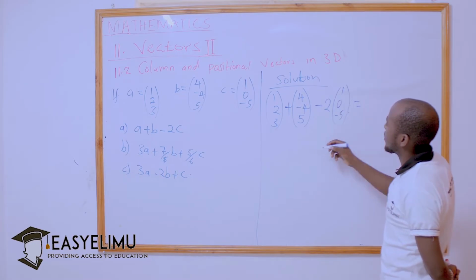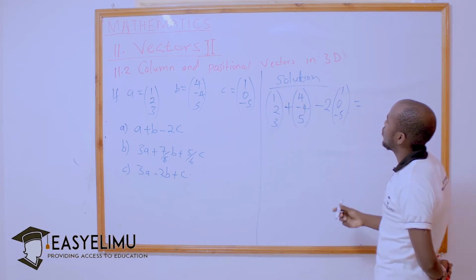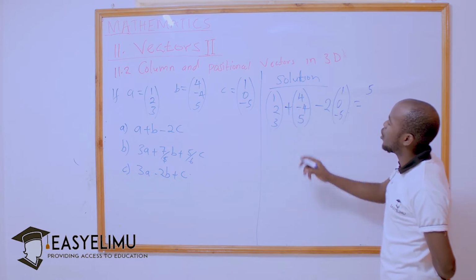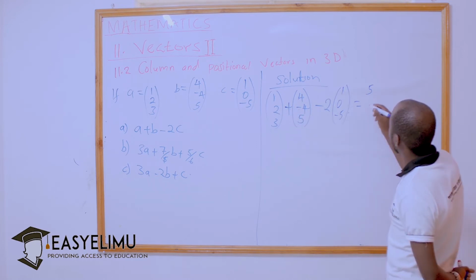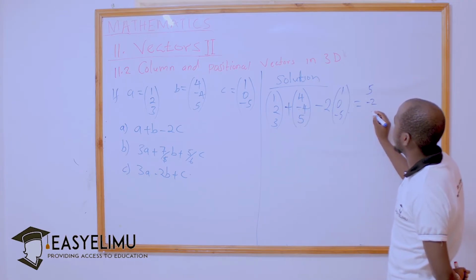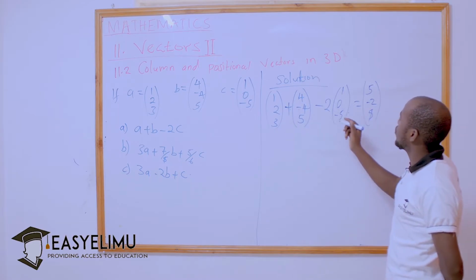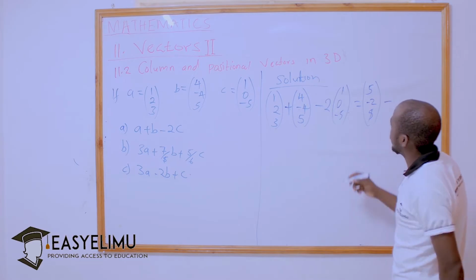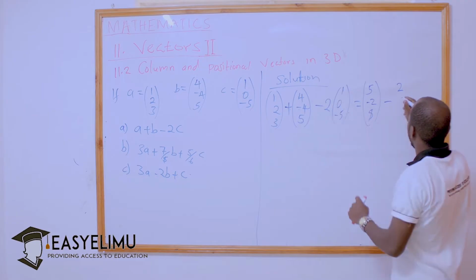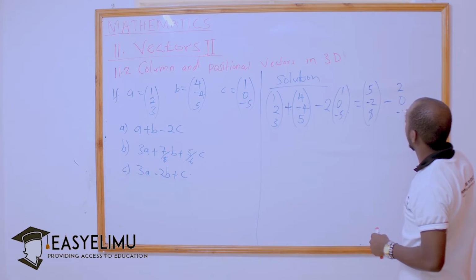If we do the first bracket, you will find 1 plus 4 is 5, 2 plus negative 4 is 2 minus 4, which is negative 2, and 3 plus 5 is 8. And here, 2 by 1 is 2, 2 by 0 is 0, and 2 by negative 5 is negative 10.